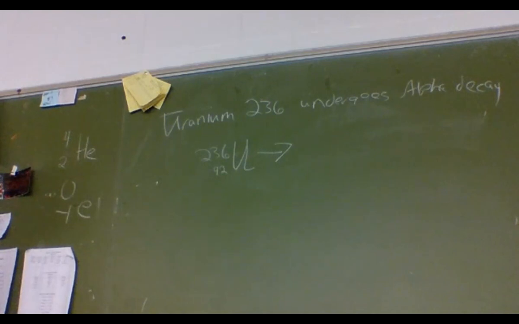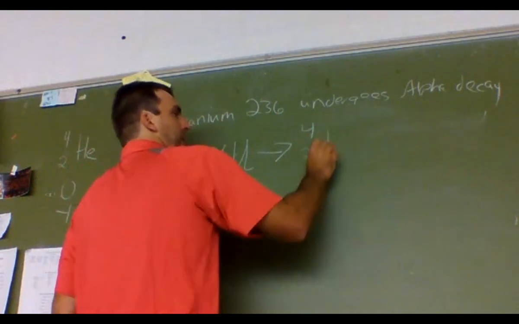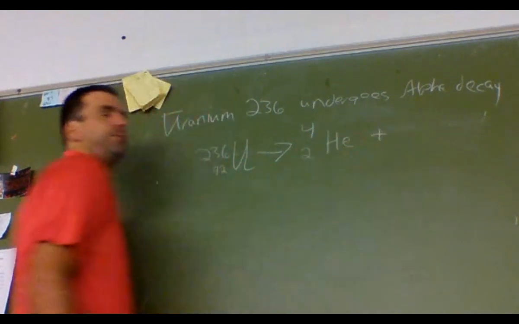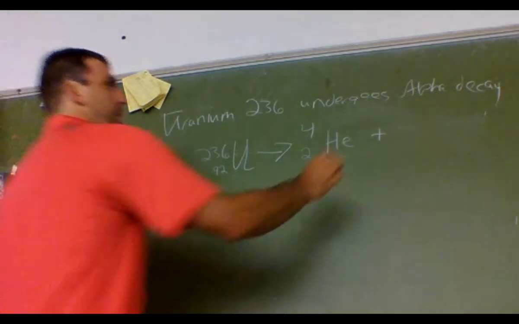So, what's my first product going to be? It doesn't really matter which one you go with first. Helium, 4, 2. Plus, what does the mass number of my other nuclide have to be? 232.